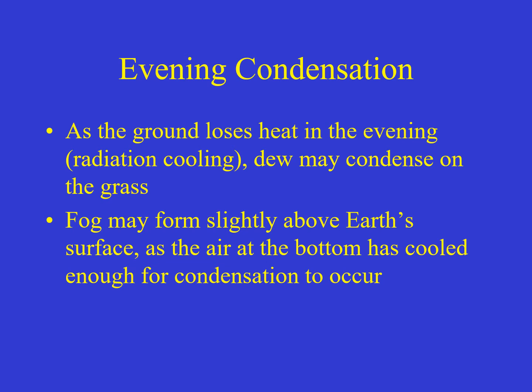That can provide dew on the grass or on your car windshield. Another example of evening condensation, fog may form slightly above Earth's surface as this radiation cooling is happening, because the air at the bottom has cooled enough to hit the dew point temperature and to allow for condensation.